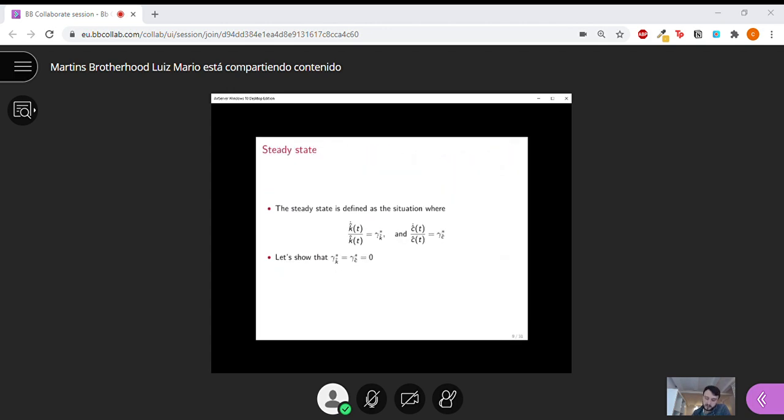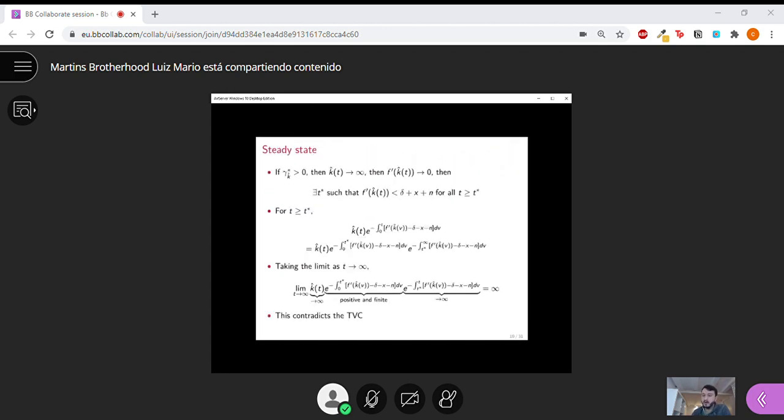We're going to assume that it's negative, and we are going to get to a contradiction also. And then in the end, we're going to conclude that it must be the case that the variables are fixed in the steady state. Okay? So assume that capital grows by a positive rate in steady state.